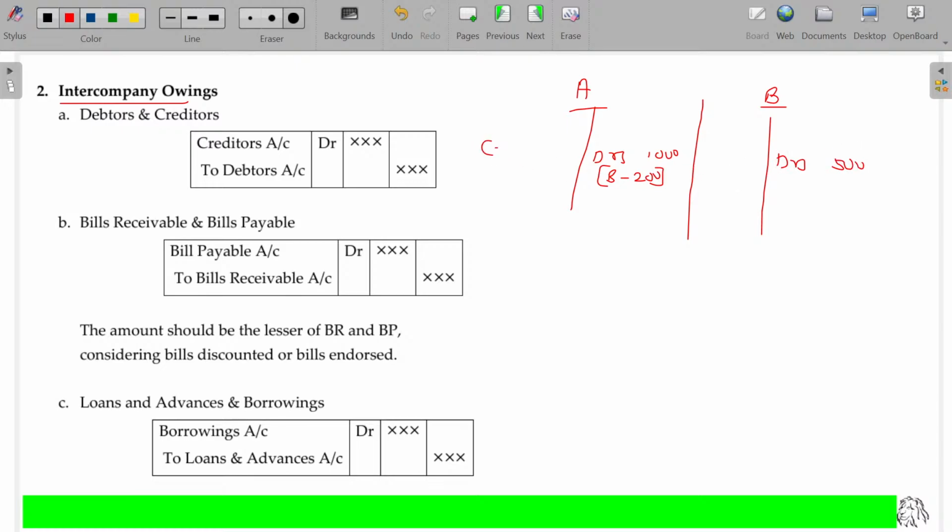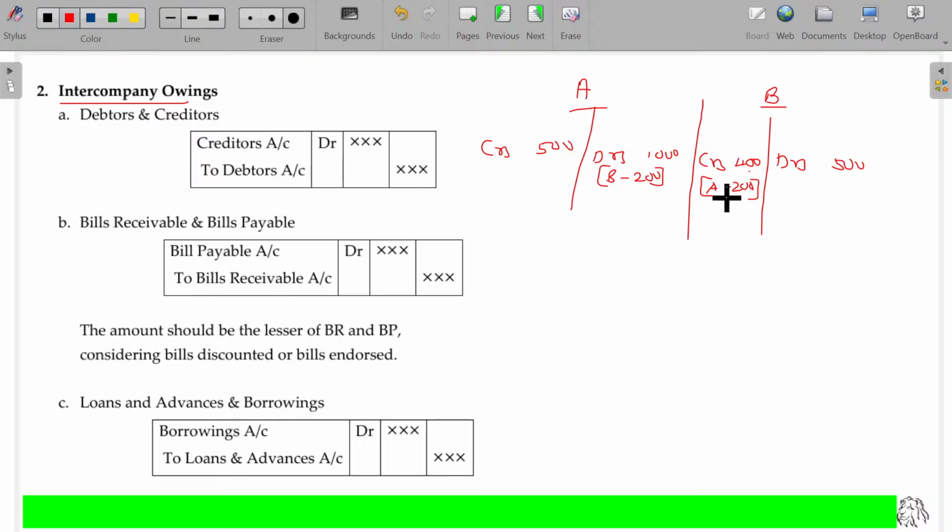Apart from that, creditors being 500 for A. Here, creditors being 400 for B. What does it mean? A says my debtors being 1000, from the debtors 200 rupees recoverable from B. Am I right? Naturally, B has to say 200 rupees payable to A. So, out of the total 400 rupees creditors, amount payable to A being 200.